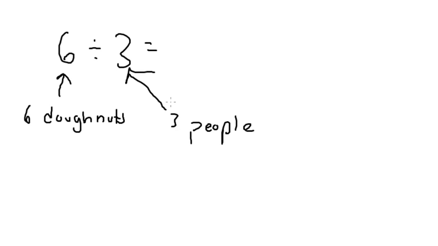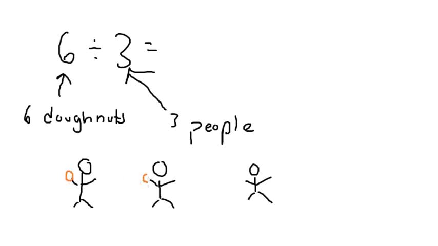How many donuts would each person have? So we have one person, a second person, a third person. We start giving out the donuts evenly. 1, 2, 3, 4, 5, 6. We've given out all 6 donuts. How many donuts does each person have?